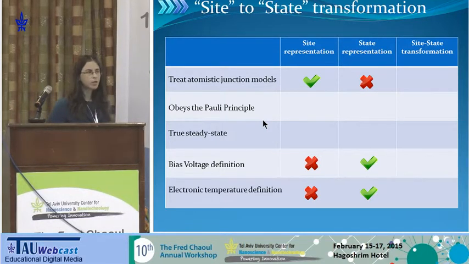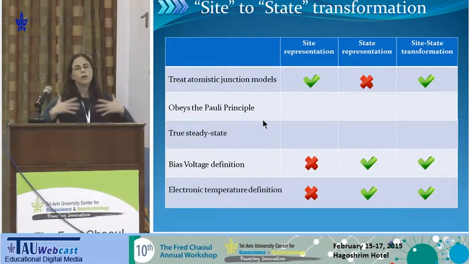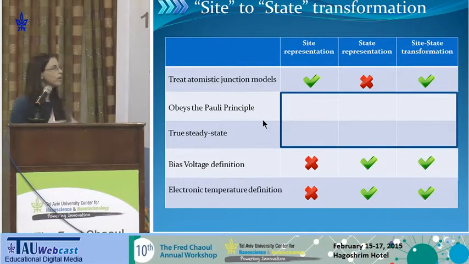And using our site-to-state representation, we can treat atomistic junction models, and we can have a specific bias voltage and lead electronic temperature. So what remains now is to open the system and to have a true steady state, but we still want to obey the Pauli principle.